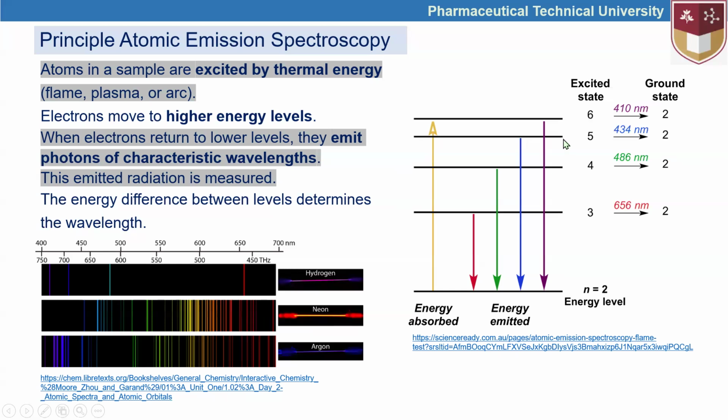So this is about the differences. Based on this spectrum, we can claim that argon might release blue colors, and these blue colors have more photon energy compared to yellow and red.